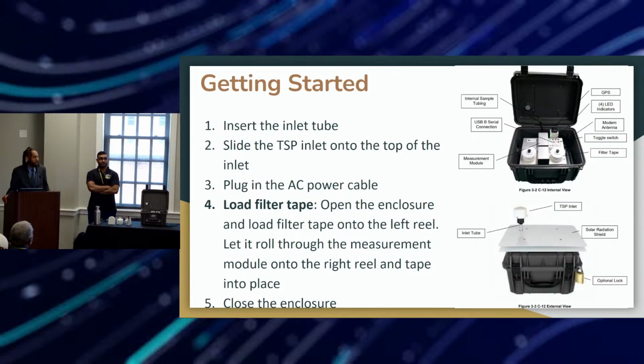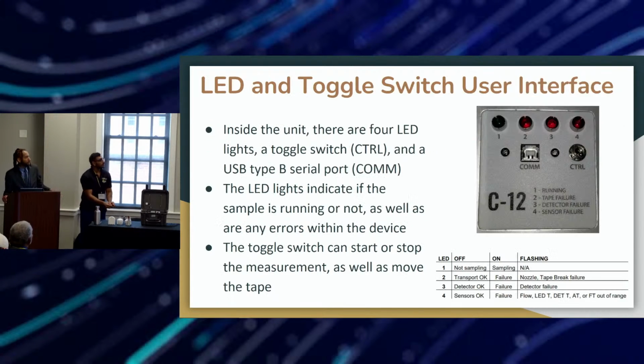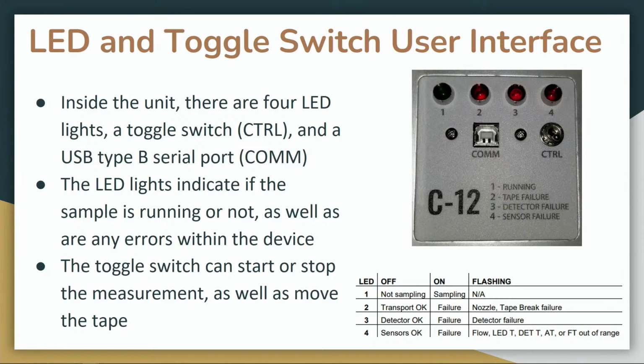There's also, I know it's a little bit harder to see, but maybe those online can see on the slides, a series of LED lights that are there. Got to clear it. But yeah, there we go. So as you see on this right here, it's a little bit closer up, but these series of lights will tell you different things about what's going on with the monitor. And then there's also a way to communicate with it directly via USB.